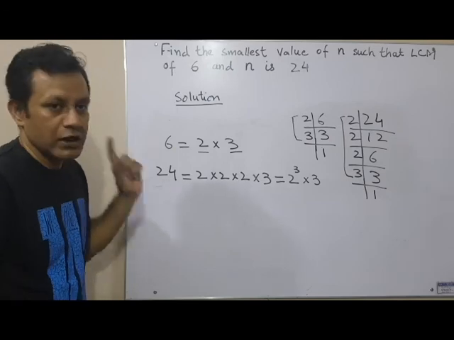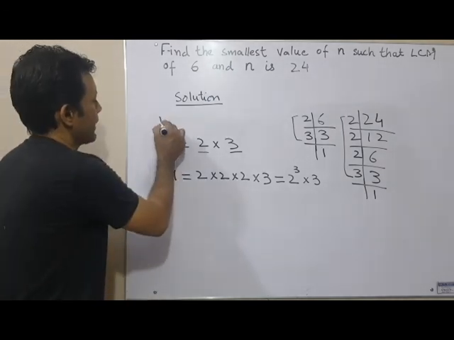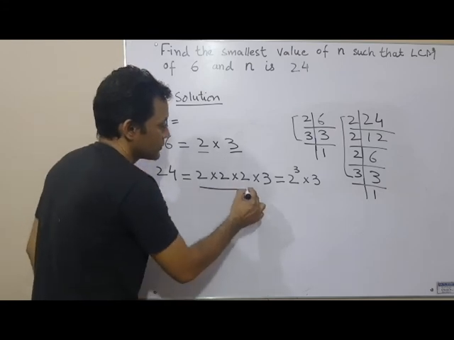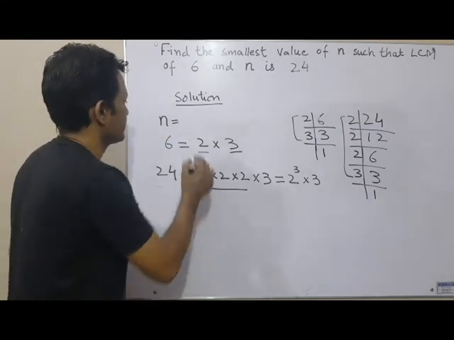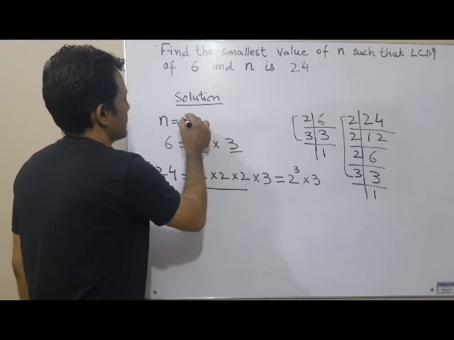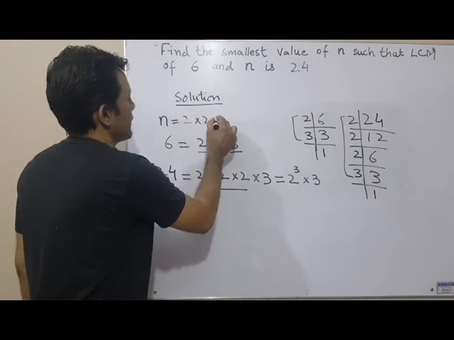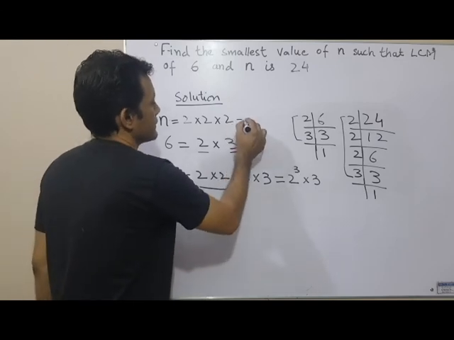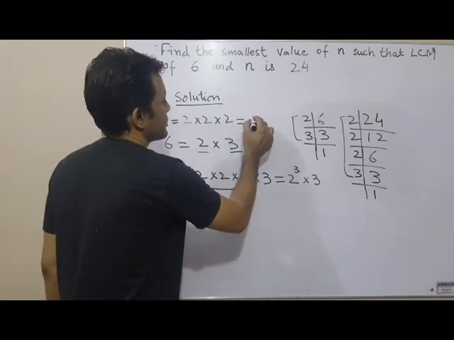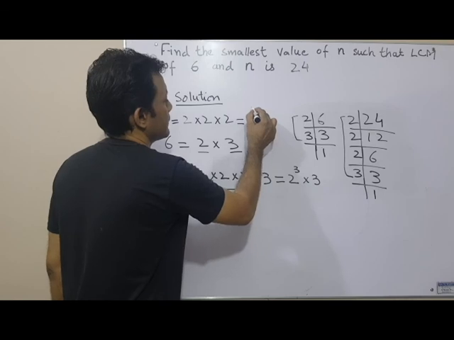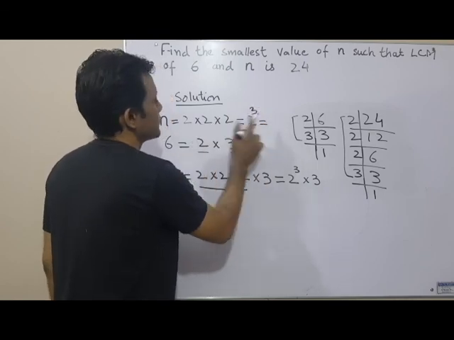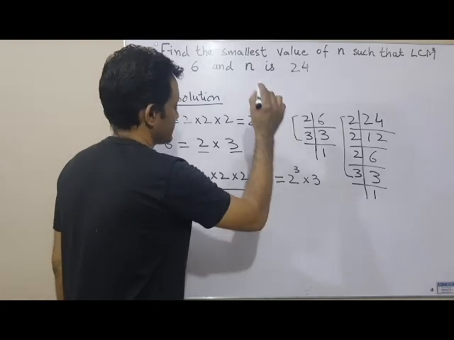It means the unknown number, which is represented by n, must have these 3 2s in its prime factors: 2 multiplied by 2 multiplied by 2. We can write it in index notation as 2 raised to power 3, and 2 2s are 4, 4 2s are 8.